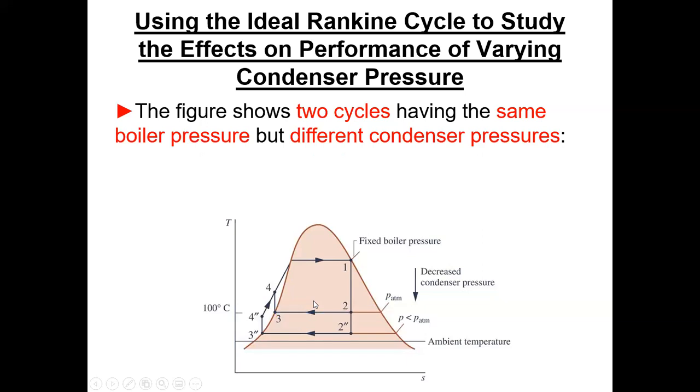Before we do that, the other thing to think about is moisture in the turbine. What happens to the quality? At state 2 we had a bunch of moisture, but at 2 prime we have a bunch more moisture, because the quality is dropping; relatively speaking, we're further in toward the center of the dome at this lower pressure compared to this one.